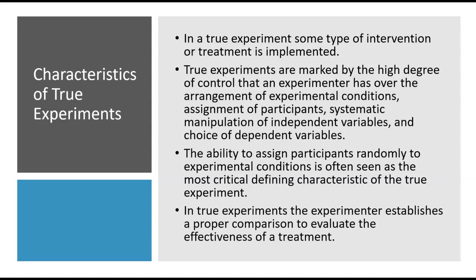In a true experiment, one of the other critical features is the fact that you are creating a comparison group. So the whole point of random assignment of participants to groups is that you are creating a control group, a comparison group, sometimes more than one comparison group, to serve as the baseline in a way.